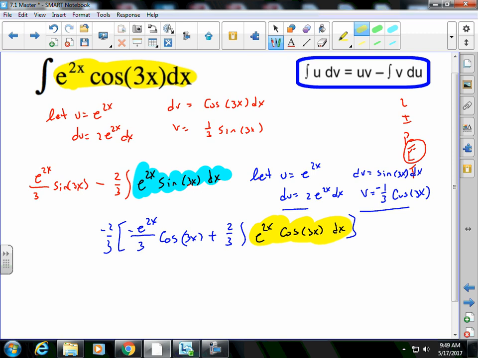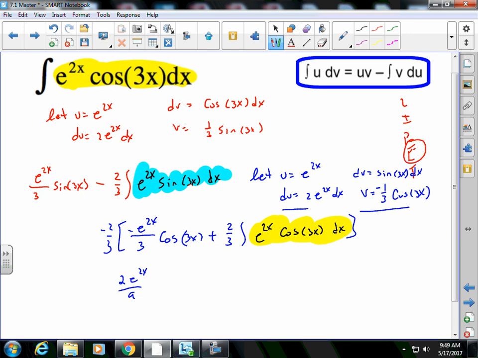So before I go any further, I need to distribute everything. So I have the negative 2/3 times that minus e to the 2x over 3 cosine 3x. So that gives me 2e to the 2x over 9.